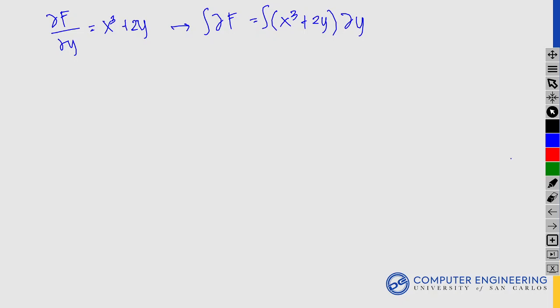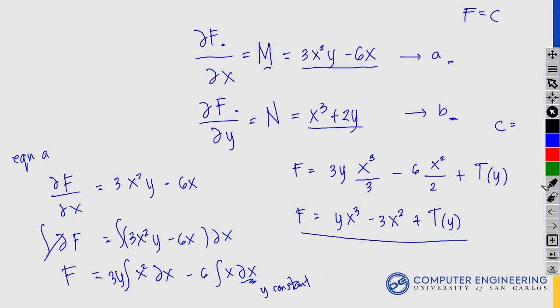Okay, so we now have this. This is part of our solution. We have f. This is a potential solution to the given differential equation. What we need to know now is what is t of y.